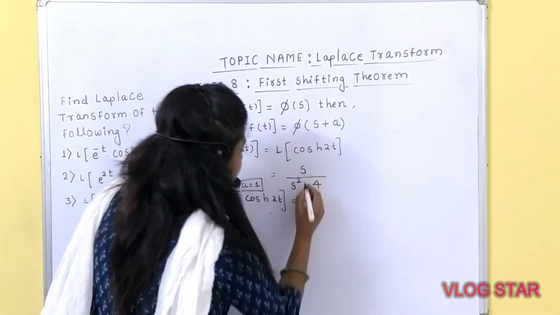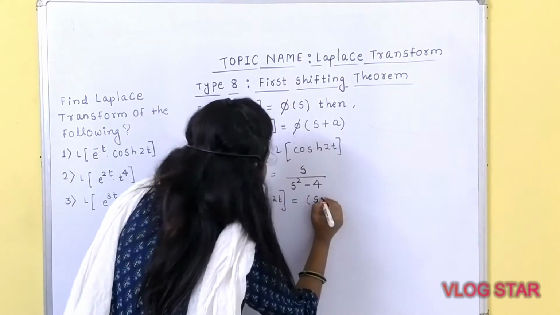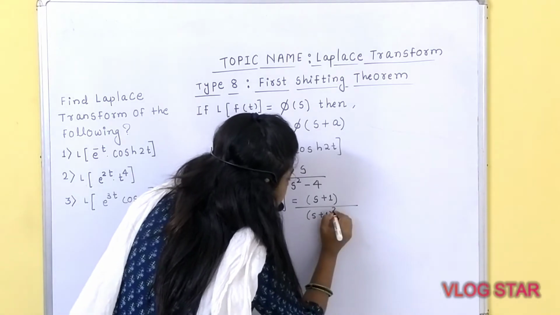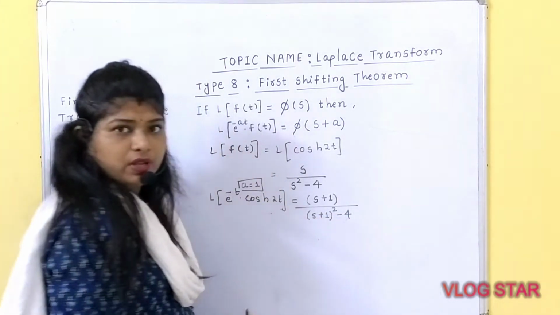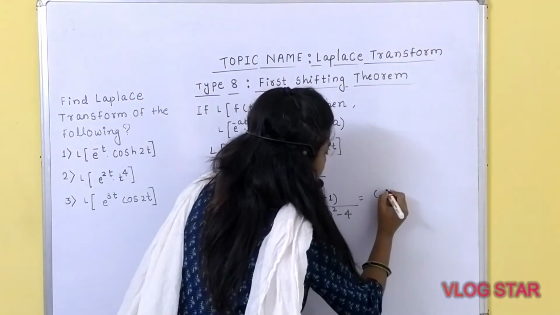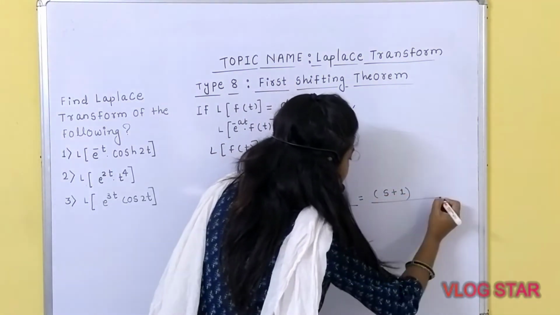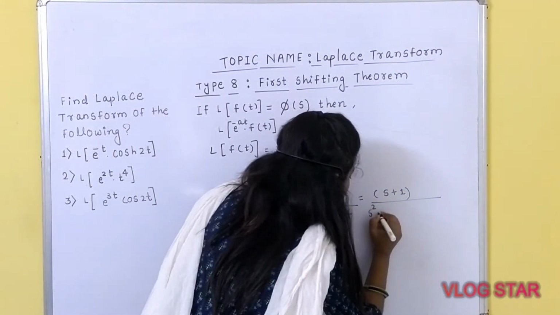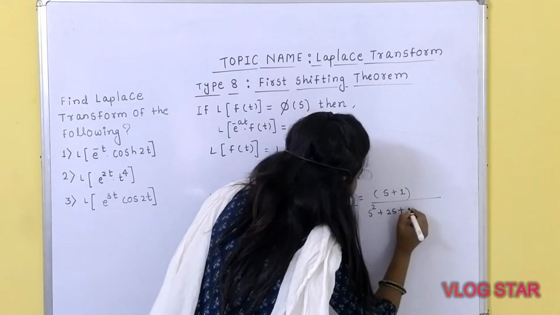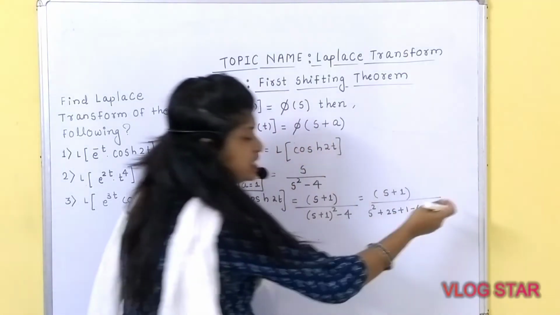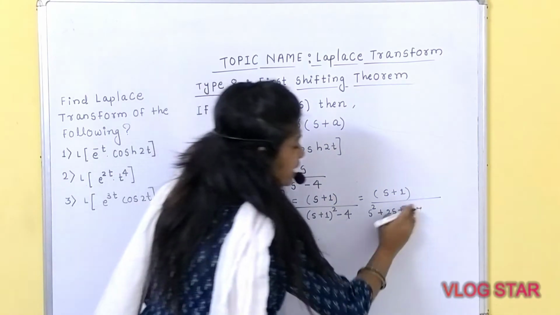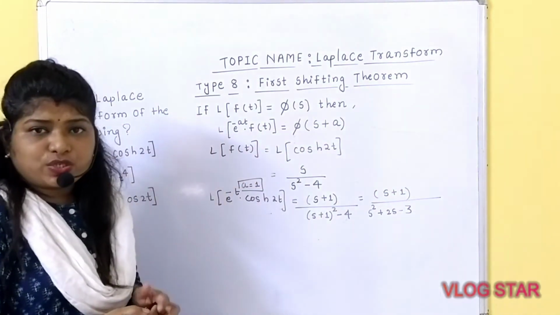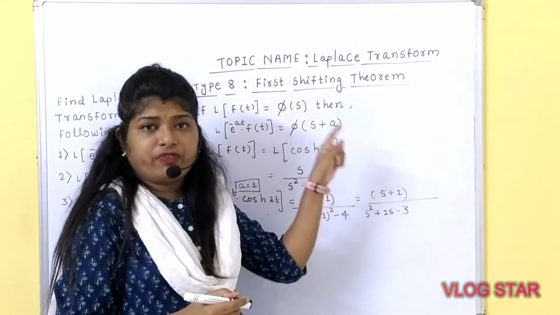So you have to replace s by s plus 1: s plus 1 upon s plus 1 whole square minus 4. Applying a plus b whole square, you will get s square plus 2s plus 1 minus 4, and the final answer is s plus 1 upon s square plus 2s minus 3. I hope you have understood how to apply first shifting theorem.